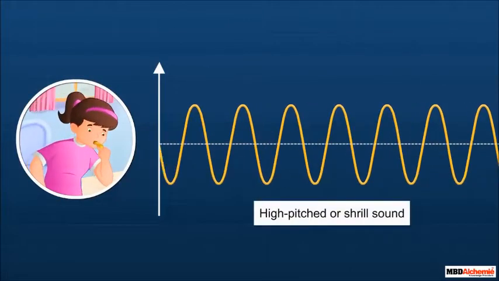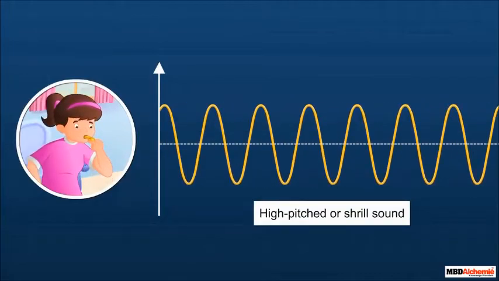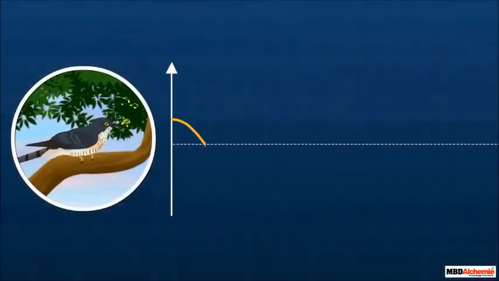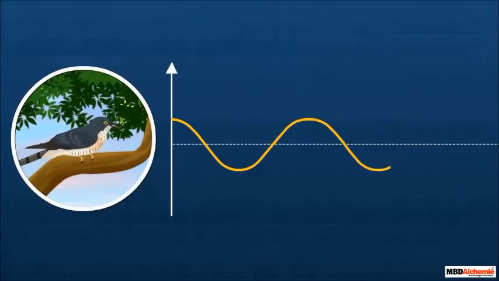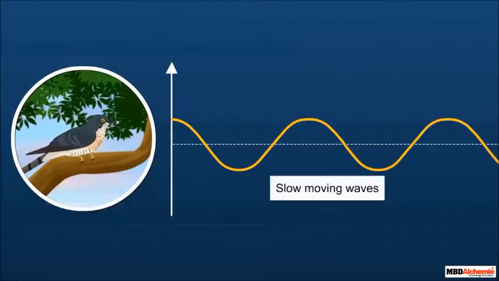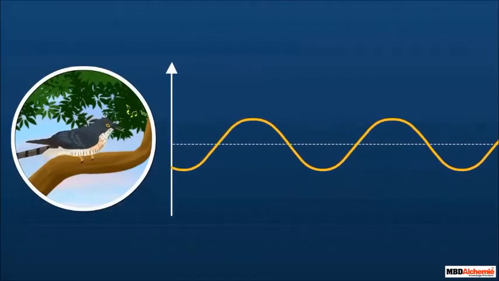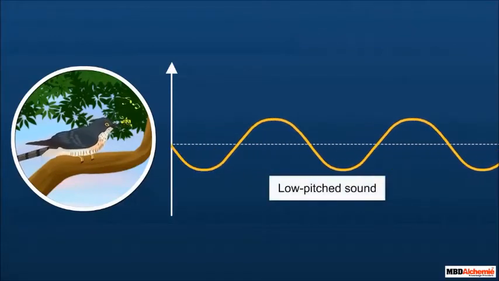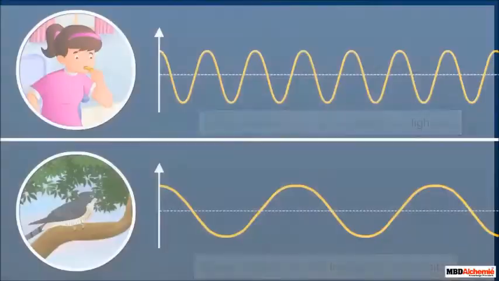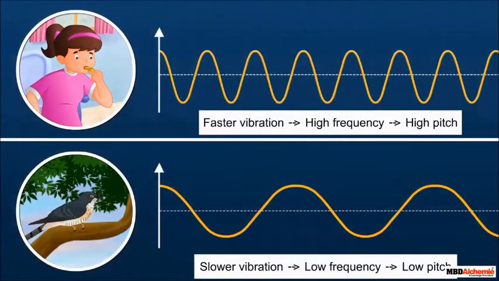Thus it produces a high-pitched sound or shrill sound. Now let us come to the case of a cooing cuckoo. Here the waves are moving slow and hence the frequency is low. Thus the cooing of a cuckoo is a low-pitched sound. Thus, the faster the vibration of the source, the higher is the frequency and higher is the pitch corresponding to that sound.